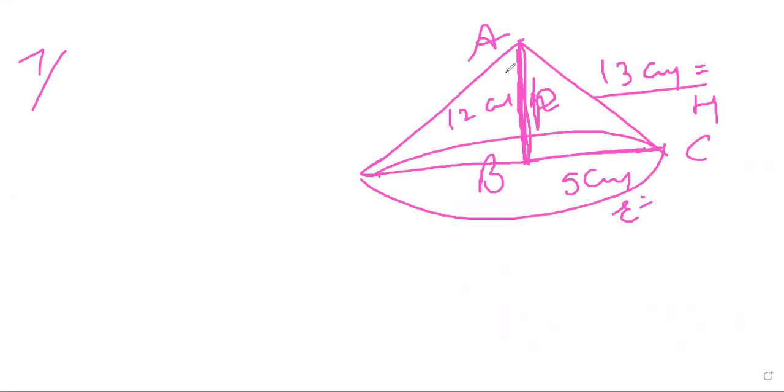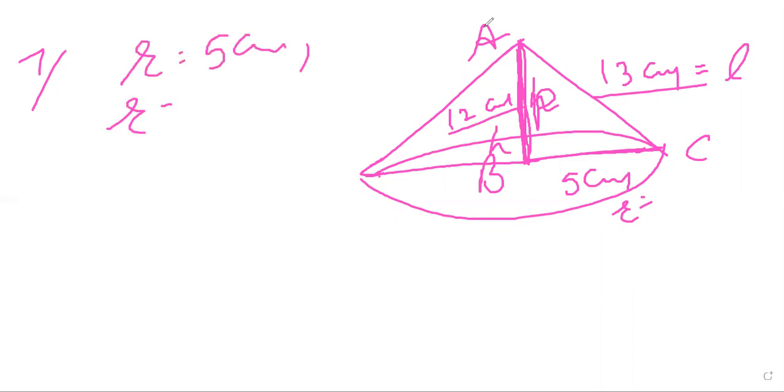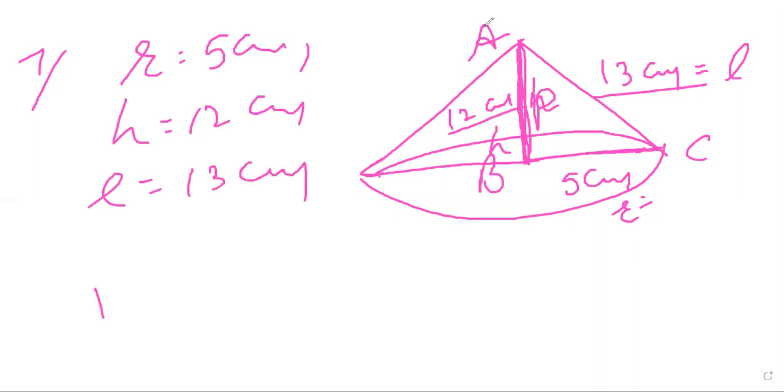So slant height will be 13 centimeter, which is equal to hypotenuse. 12 centimeter is the height and radius is 5 centimeter.